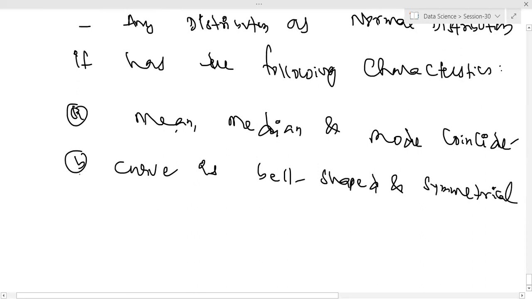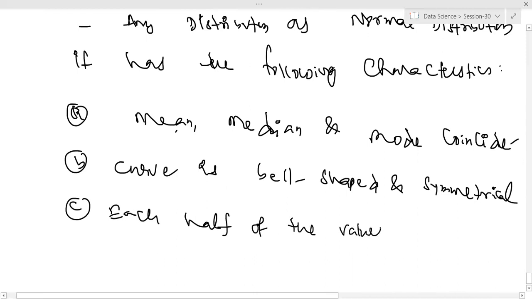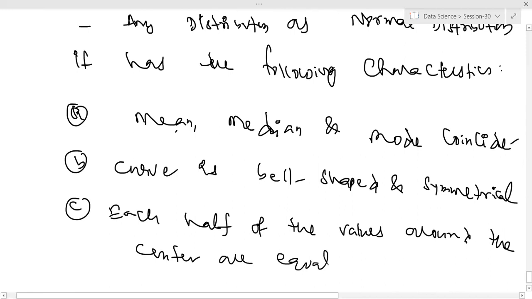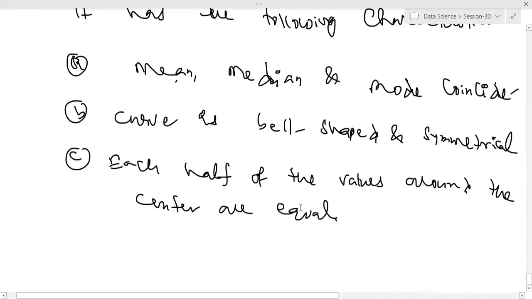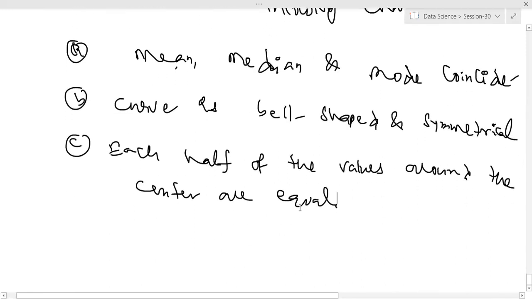And the next important property is each half of the values around the center are equal. See friends, the most commonly used kind of distribution in the landscape of machine learning is the normal distribution.